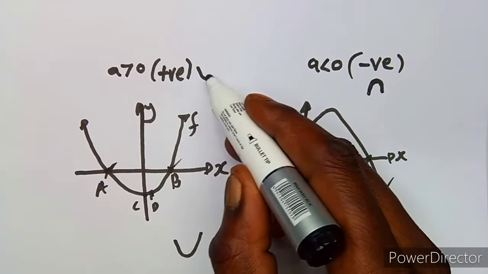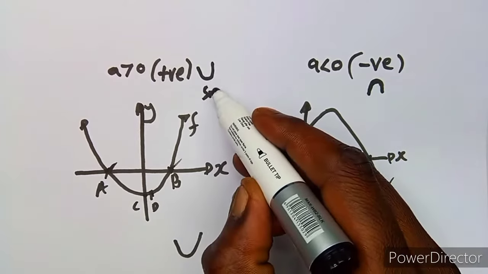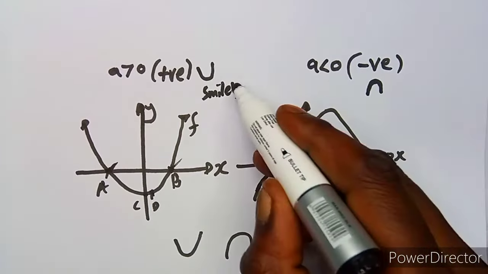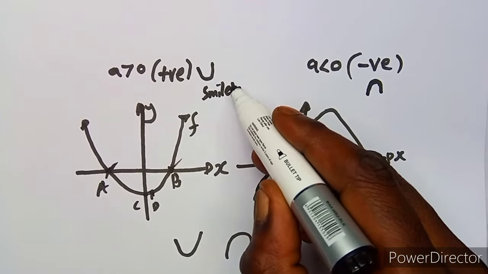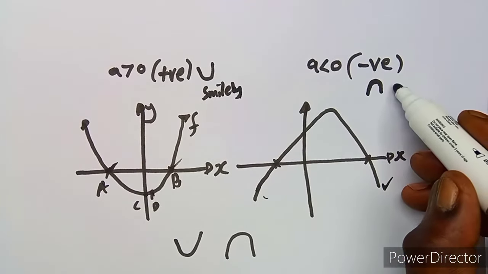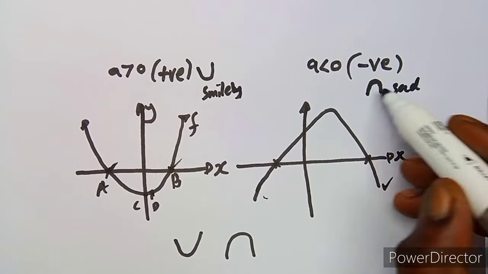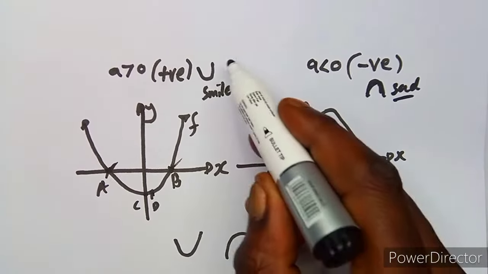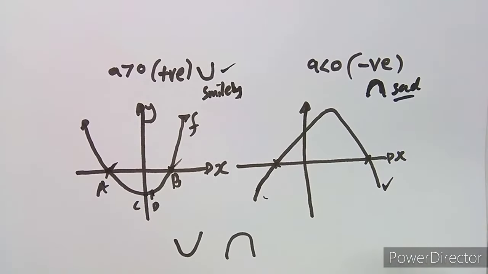And positive always gives a smiley shape. This one is a smiley one, and this one is a sad one. Negative, sad; positive, smiling. That's how you can memorize that.